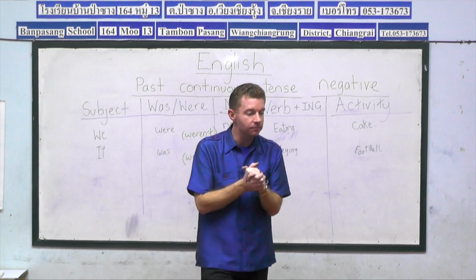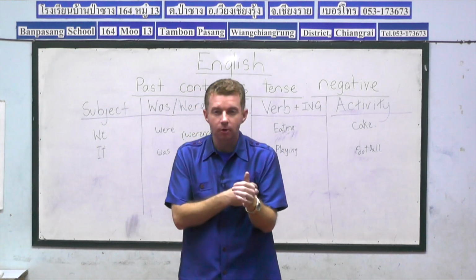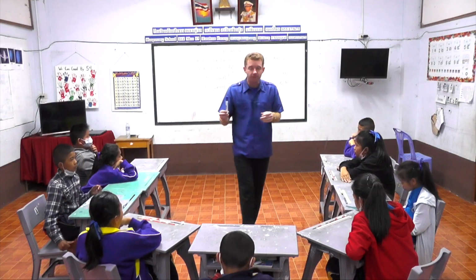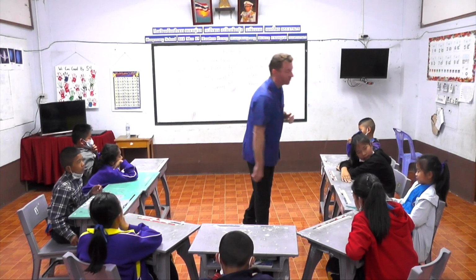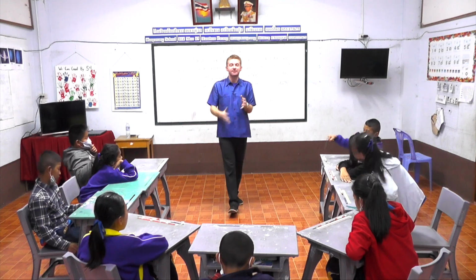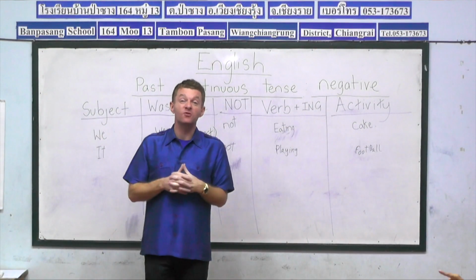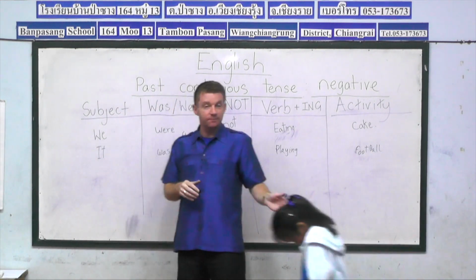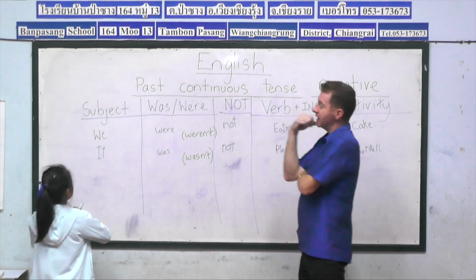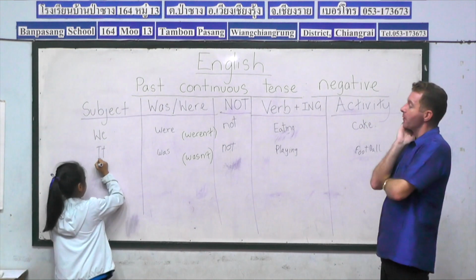Okay, so now let's see who can go next. Who hasn't done one yet? I know. Preo, come and join me at the front of class, please. And we'll ask Preo to construct her negative sentence. So first words again, we need a subject. Can you think of a different subject, Preo?